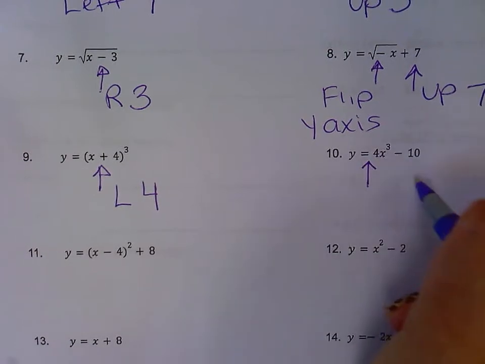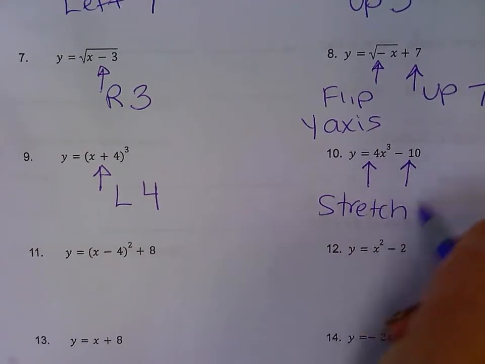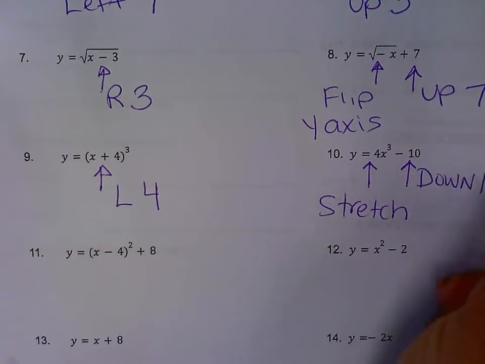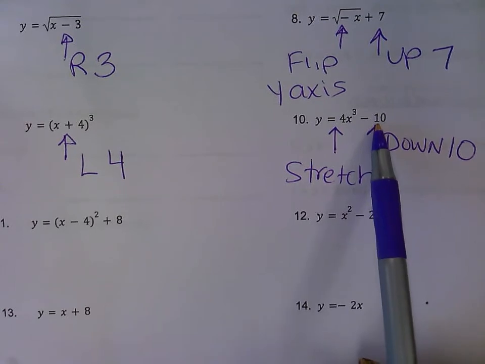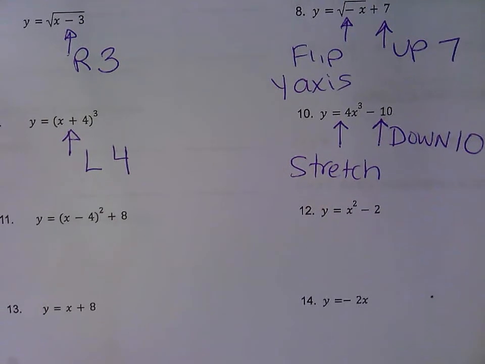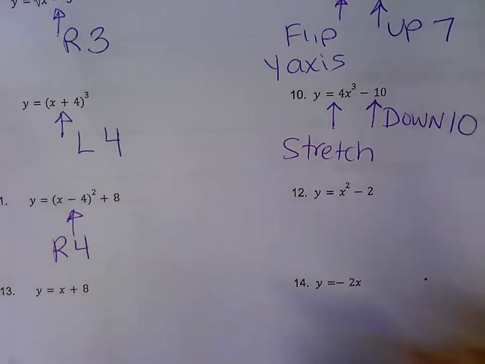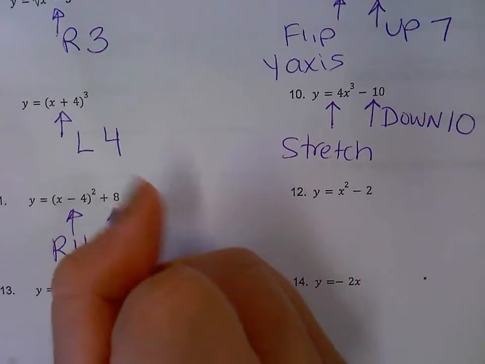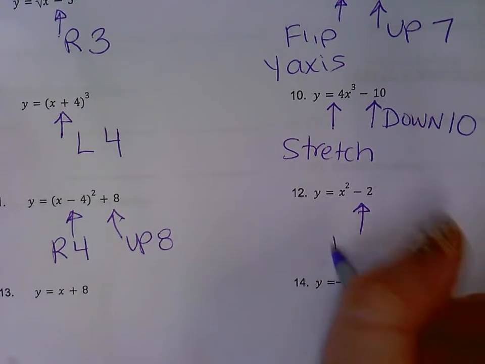This and this are 2 different pieces. This would be a stretch, and this would go down 10, right? Outside minus 10. Getting any easier? This goes right by 4 because it's inside the function, and this goes up 8 because it's outside the function. This is outside the function, down 2.